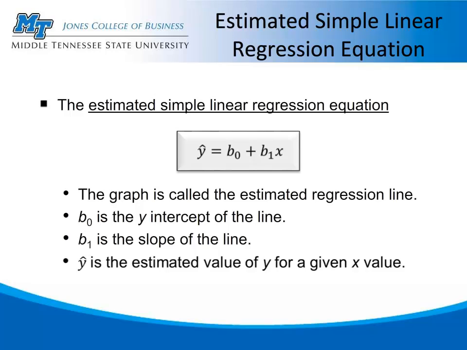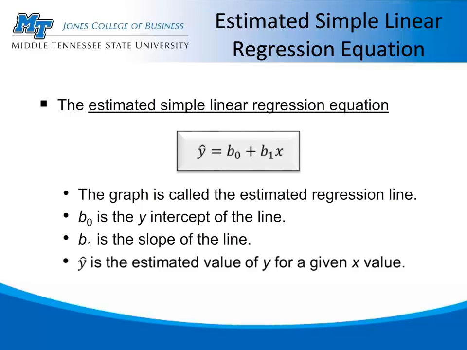The estimated simple linear regression equation is y hat is equal to b0 plus b1 times x. Y hat is what you say when you look at that symbol, the y with the caret on top of it. b0 is the intercept. b1 is the slope.